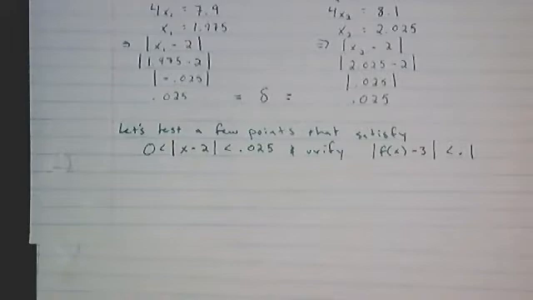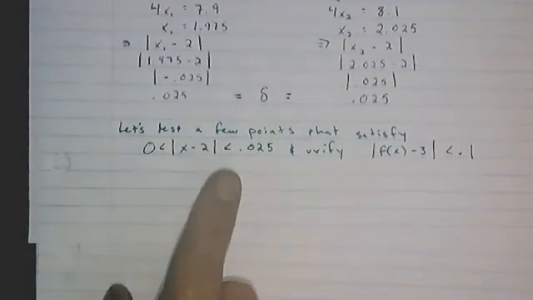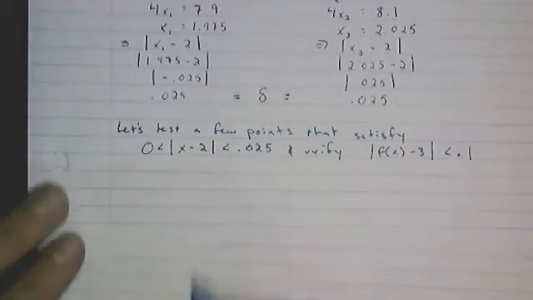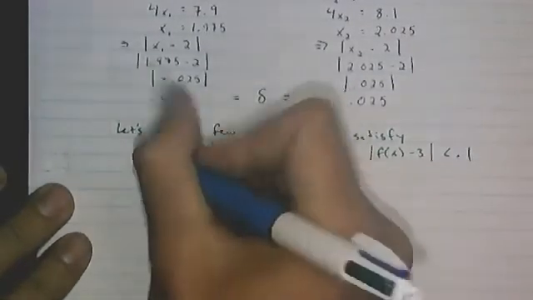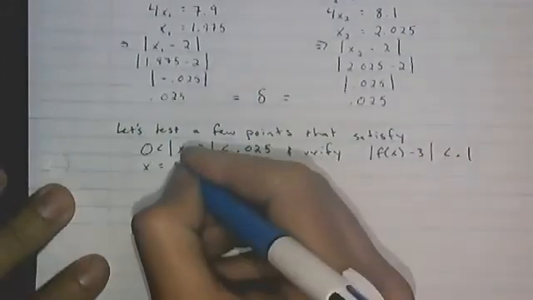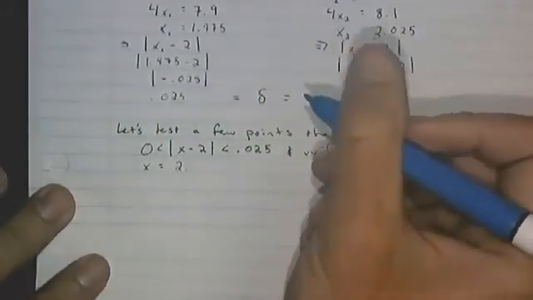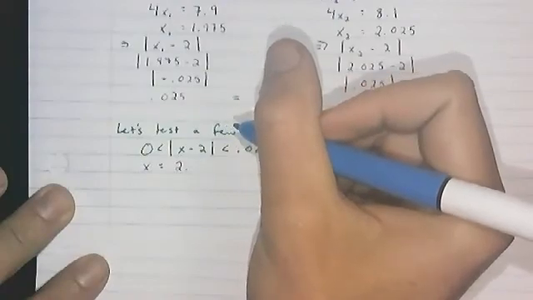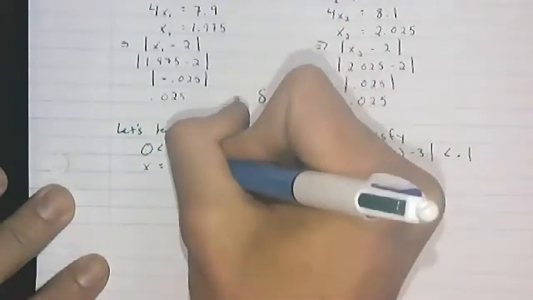So somebody give me an x value that is within 0.025 of 2. 2.01. Yeah, 2.01.